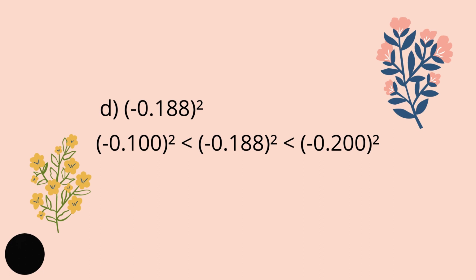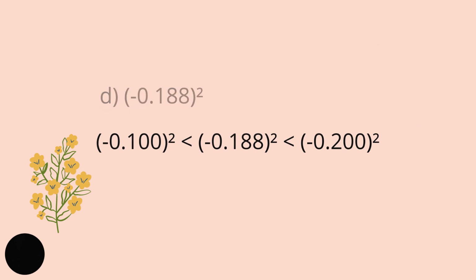D. Negative 0.188 squared. To solve this question, we find the nearest tenths, which are negative 0.1 squared and negative 0.2 squared.